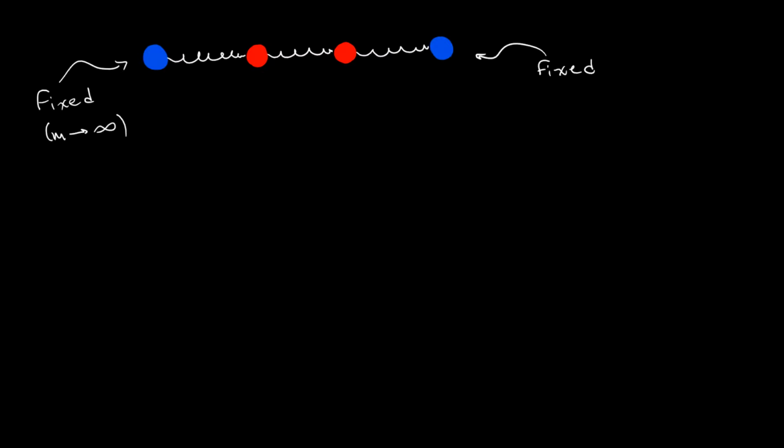So since these are fixed, we don't really have to worry about their dynamics. Yeah, okay, I'll represent them as a wall. That's probably a better idea. Yeah, something like that. How about that?